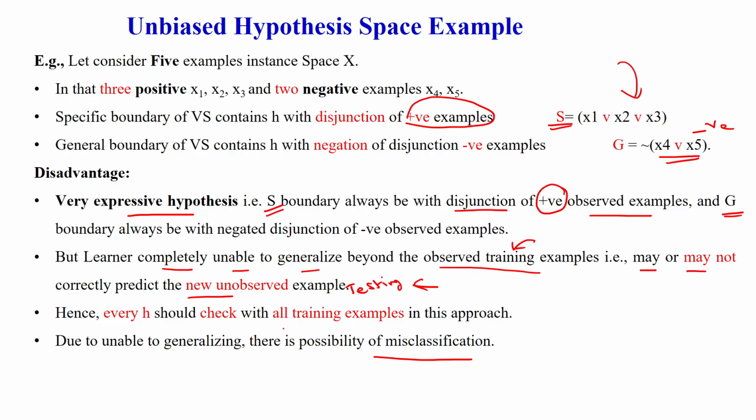So we have to check with all the training examples in this approach, which again takes more time to check with all the samples to make the learning system a perfect process, even though a small amount of misclassification is possible.